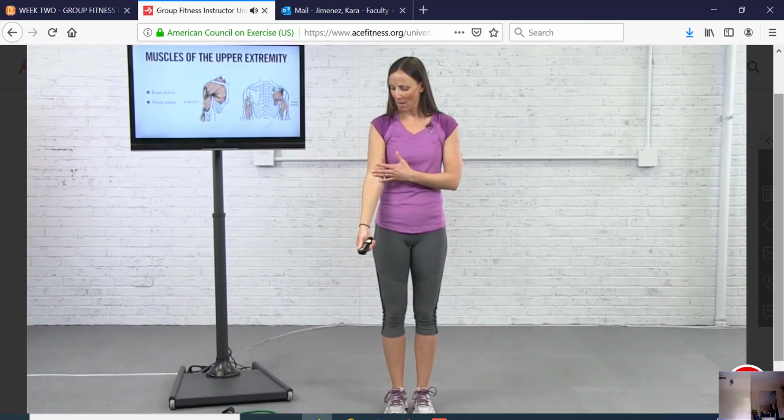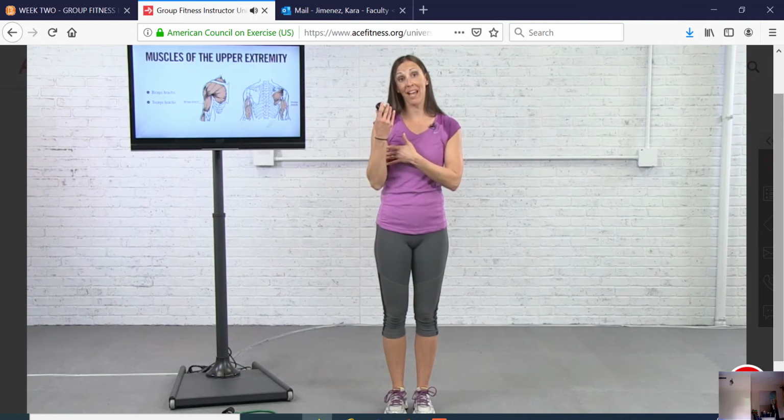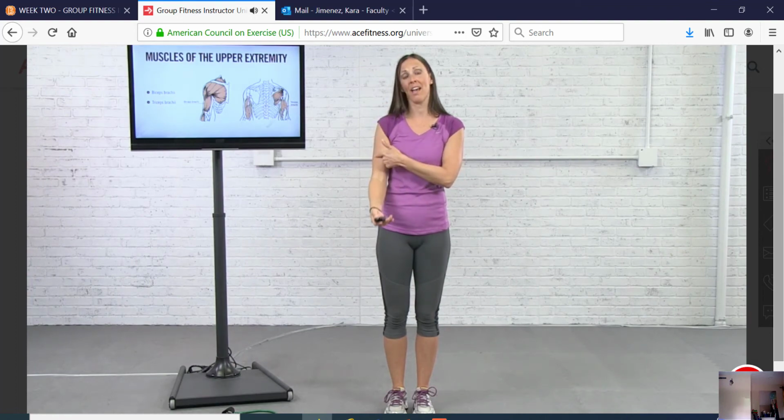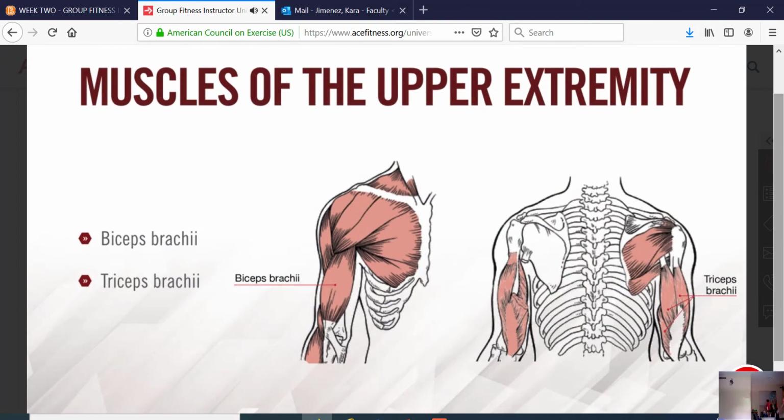Looking at the upper extremity, the muscles that act on the elbow are your bicep brachii, allowing your elbow to flex, and your tricep brachii, allowing your elbow to extend. Bicep curls, tricep kickbacks are movements of the bicep and tricep.